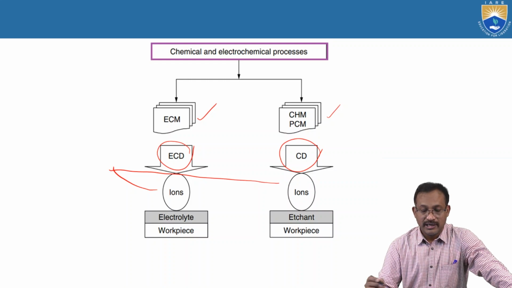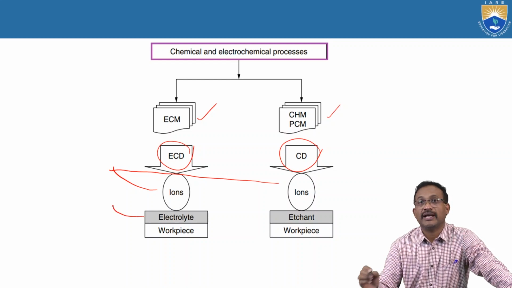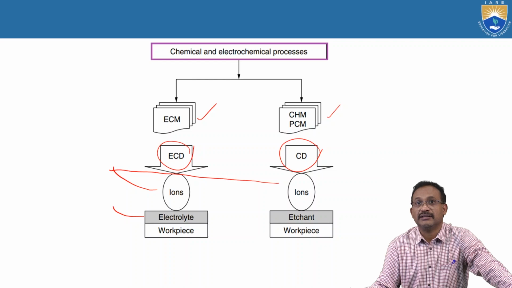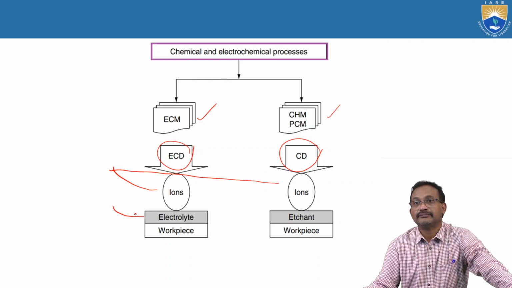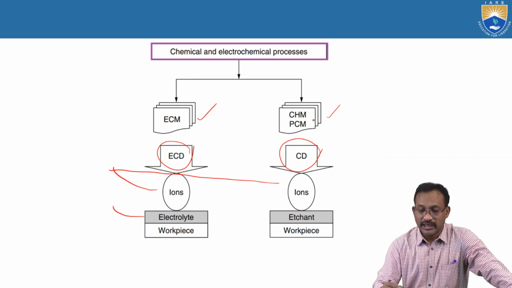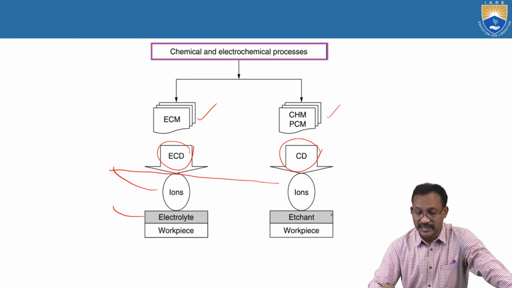Here the medium is electrolyte. In electrochemical machining, the medium is electrolyte. In chemical machining or plasma chemical machining, the medium is etchant.